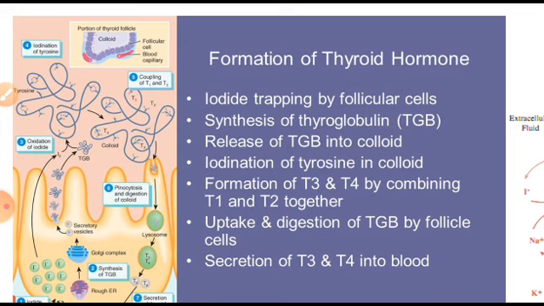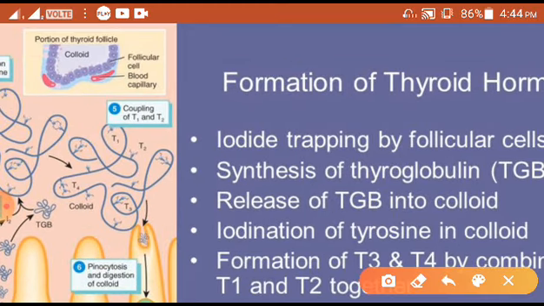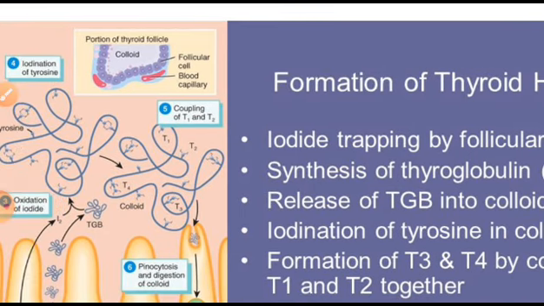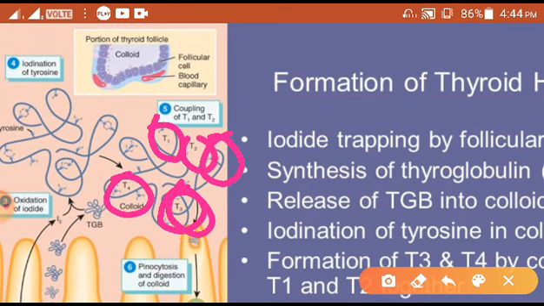And then what happens here, you can see in this particular part. You can see here the T4 formation is happening. Here T1 is formed, here T2 is formed, here T3 is formed, right?